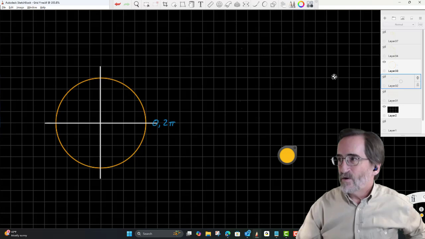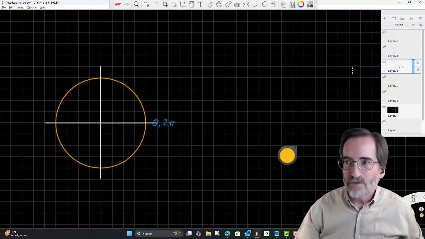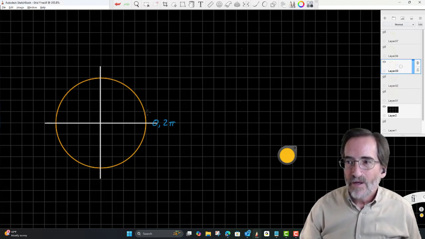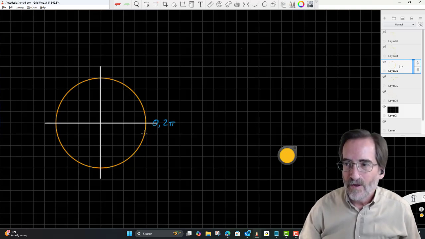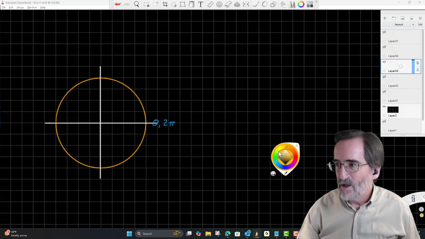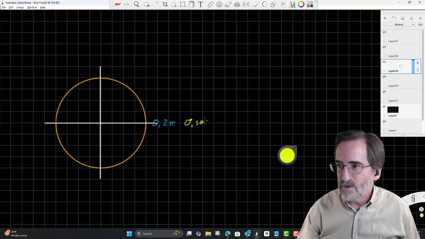There are some common radian measures that we need to be familiar with. You know that 360 degrees makes a full circle, right? Let me do this in yellow for degrees. So 0 degrees, 360 degrees, that's a full circle.